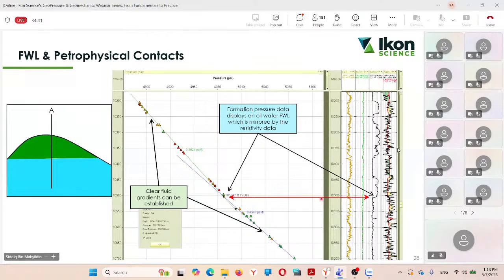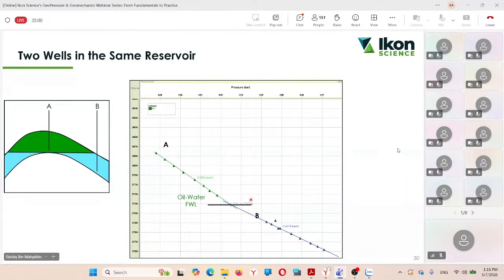And you can compare with your log data, for example resistivity data, which will indicate, okay, this is where I have the transition between oil and water, and you can confirm that transition basically. Same, if you have two wells in the same reservoir, you might have different data for different wells.